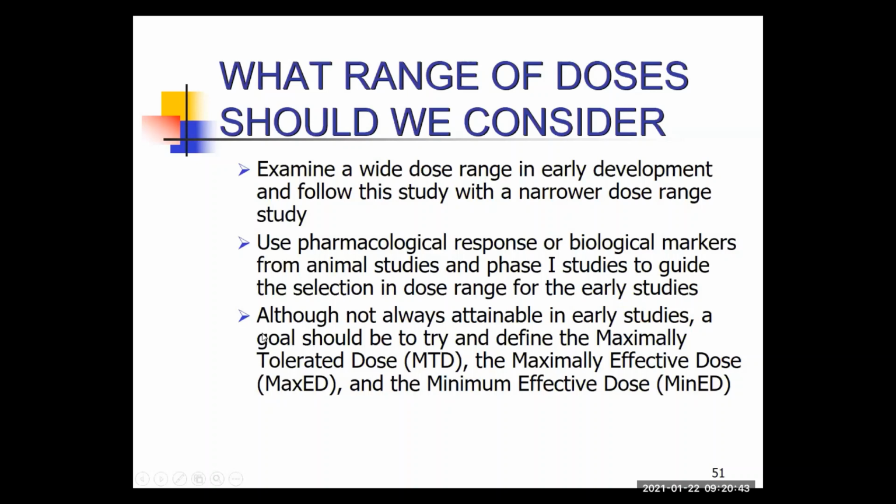All right. And then if you can be very ambitious, although not always attainable in early studies, a goal should be try and define the MTD, the maximally effective dose, and minimum effective dose. That's a very ambitious goal.